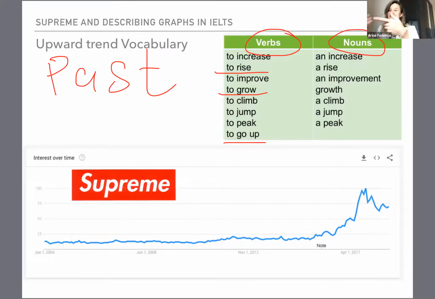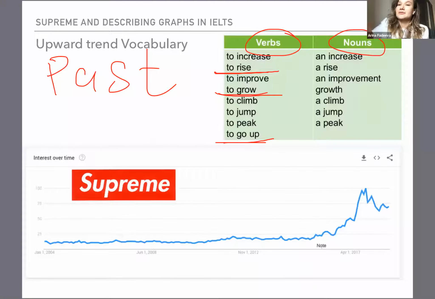Could you please send me the past tense of these three verbs, the verbs rise, grow, and go up? Could you please send me the past form of these verbs? Do you remember, guys?